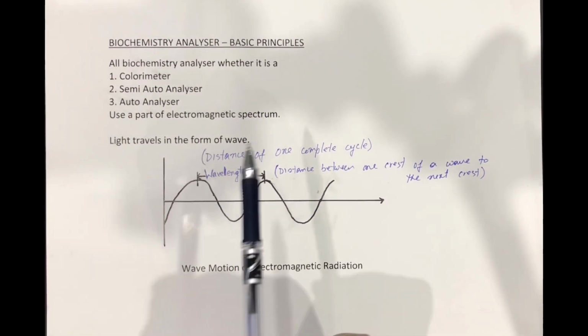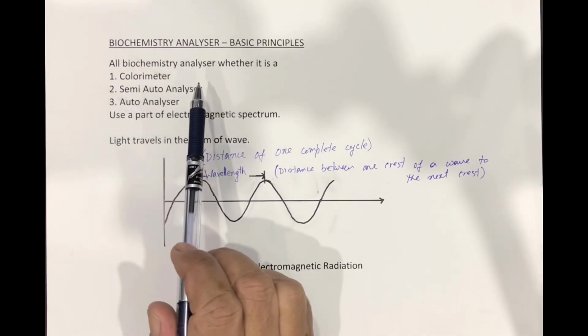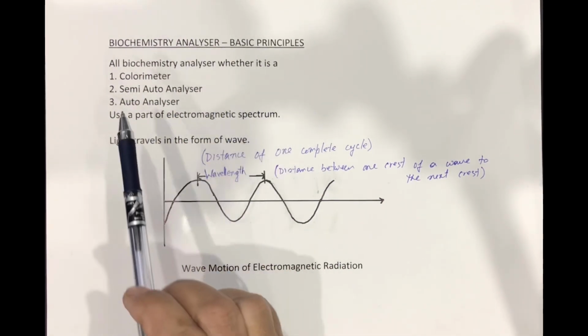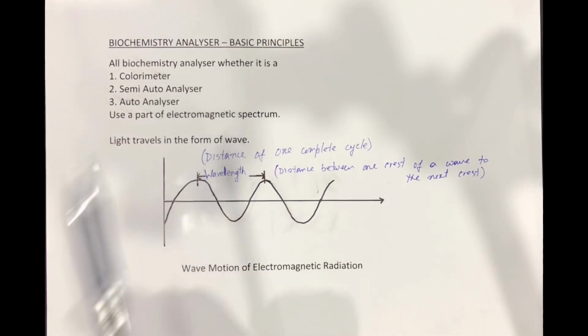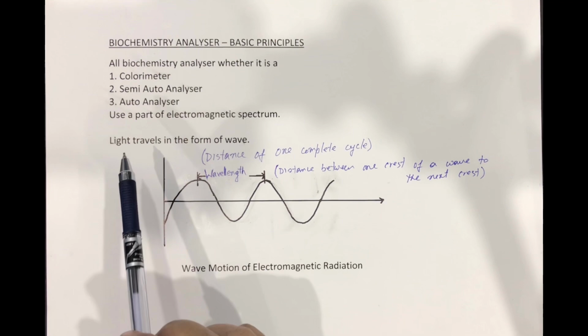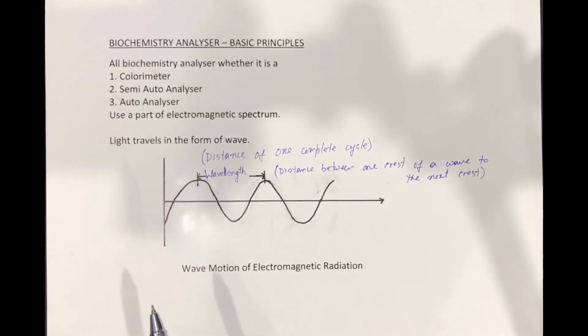Biochemistry Analyzer Basic Principles. All biochemistry analyzers, whether it is a colorimeter, semi-auto analyzer or auto analyzer, use a part of the electromagnetic spectrum. This diagram shows wave motion of electromagnetic radiation.